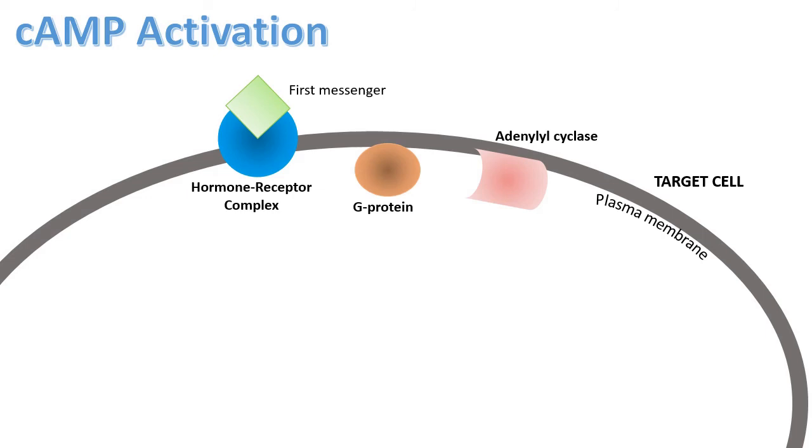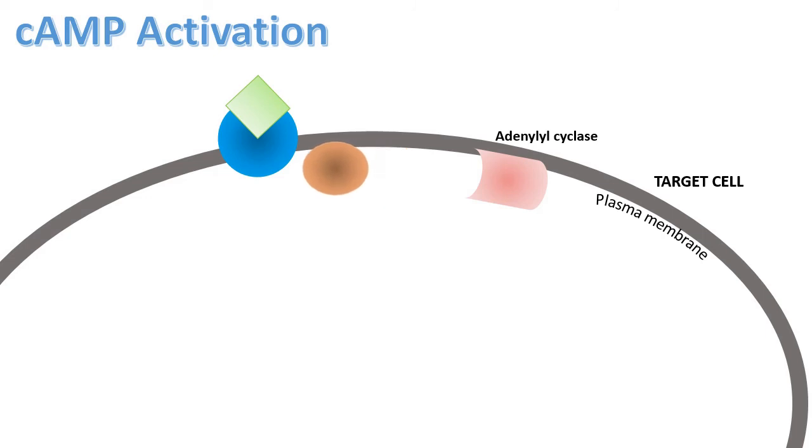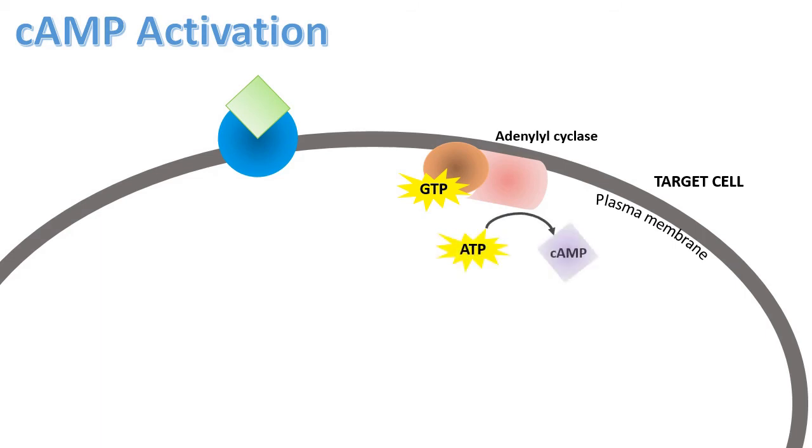Then, the hormone-receptor complex will bind with the G protein and activate the G protein with the binding of GTP. The activated G protein will bind with the adenylyl cyclase and stimulate the catalysis of ATP into cyclic AMP. Cyclic AMP is our second messenger.